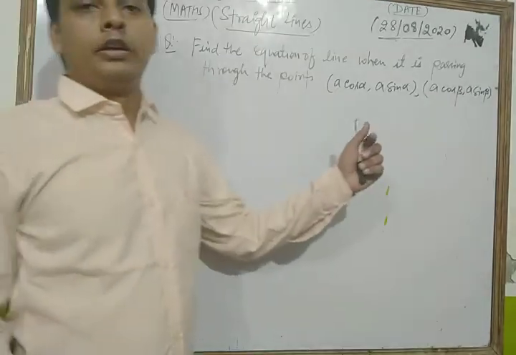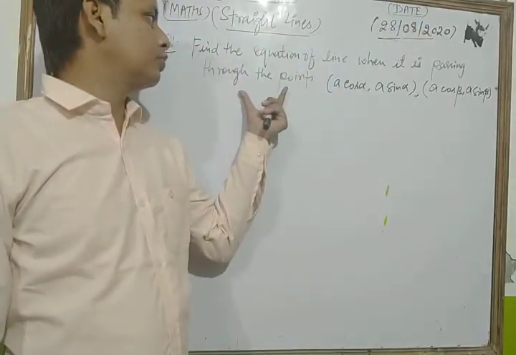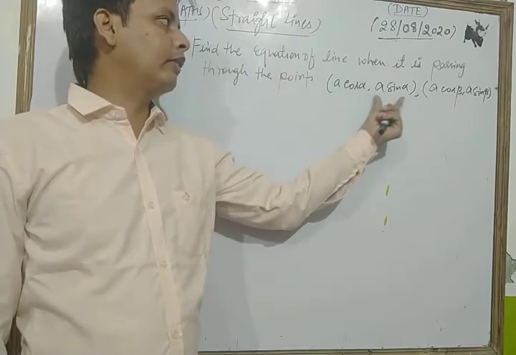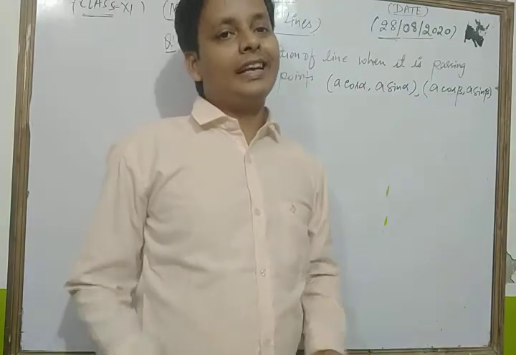Now look, dear student, here we have to find the equation of the line when it passes through the two given points a cos alpha, a sin alpha and a cos beta, a sin beta.